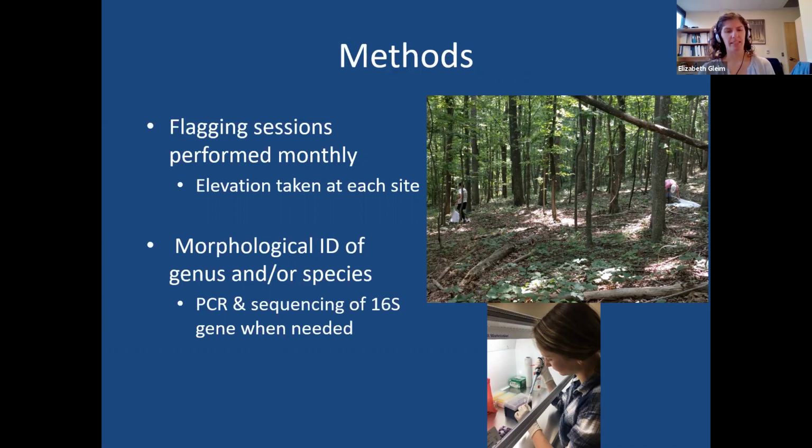There has been some work done previously looking at what the maximum elevation might be that black-legged ticks can occur in. That work, which was based off of extensive field sampling throughout the eastern United States, speculated that black-legged ticks did not occur above roughly 500 meters.